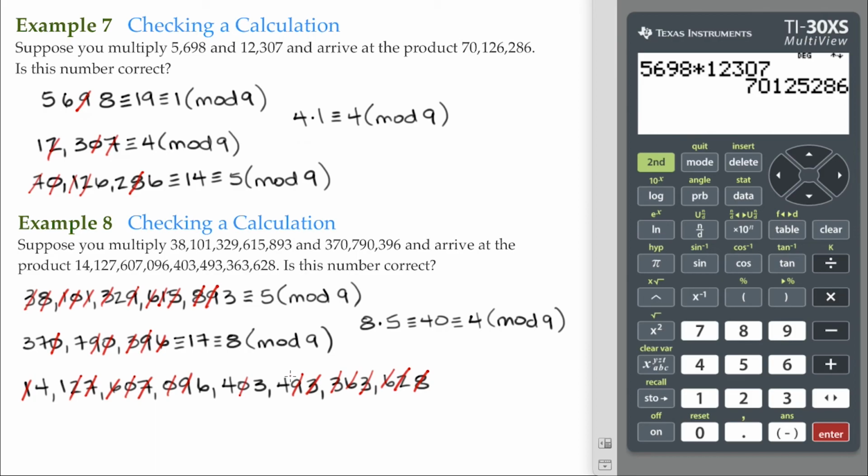Here is a 4, a 4, that's 8, and then here's 9 right here. Here is a 6 and a 3. Let's see if we got all our numbers here, and we're left with a 4. So that's congruent to 4 mod 9.